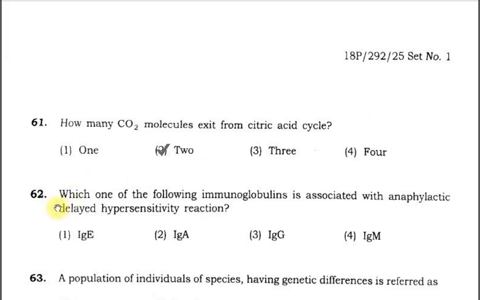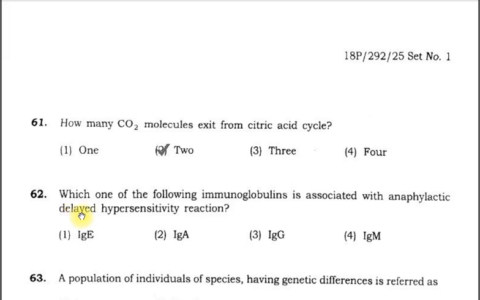Question number 62. Listen to it carefully. Which one of the following immunoglobulins is associated with anaphylactic delayed hypersensitivity reaction? The options are IgE, IgA, IgG and IgM. Now, there is an error in this question. The question says anaphylactic delayed hypersensitivity, but actually anaphylactic hypersensitivity is not delayed, it is immediate.